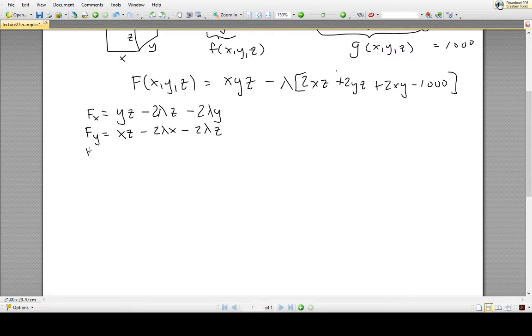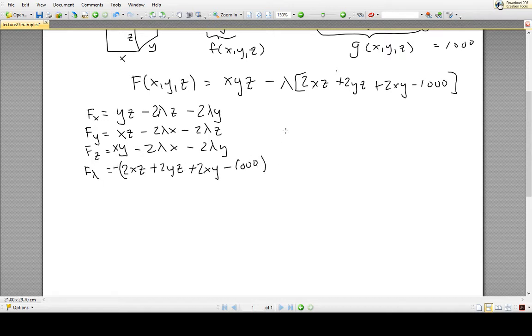The partial derivative with respect to z is xy minus 2 lambda x minus 2 lambda y. And finally, the partial derivative with respect to lambda is 2xz plus 2yz plus 2xy minus 1,000, all with a negative sign in front of it.